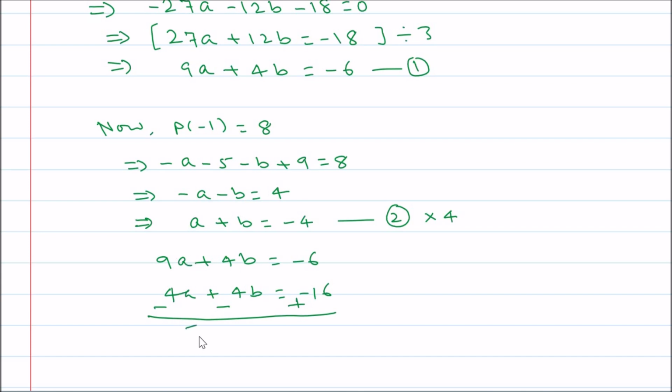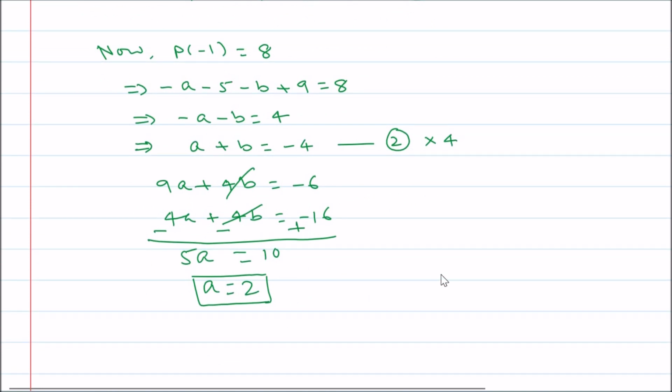9a minus 4a, 5a; 4b minus 4b cancelled out. So equal to 16 minus 6, 10. So a equal to 2. Now we have to find b.